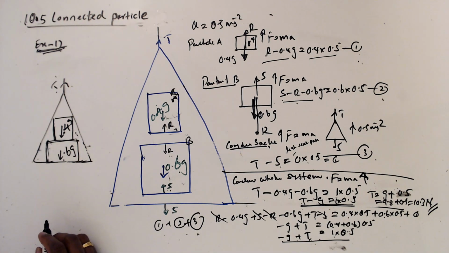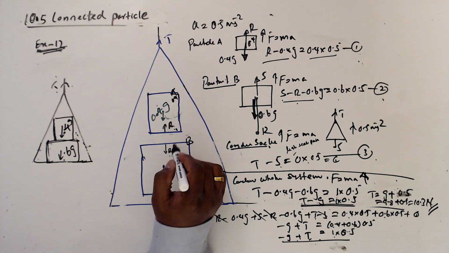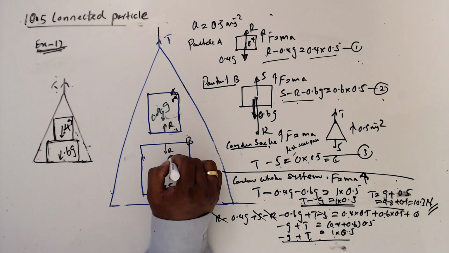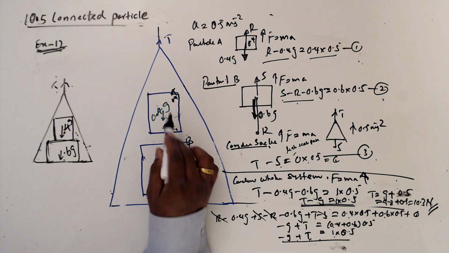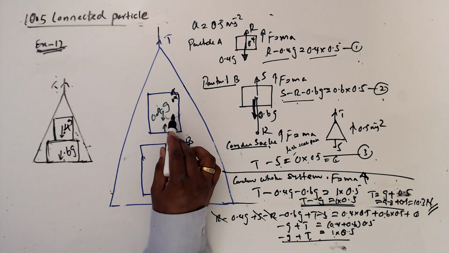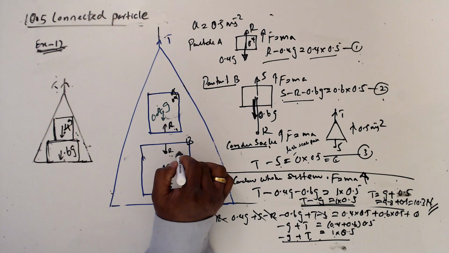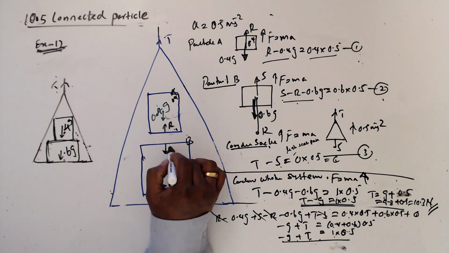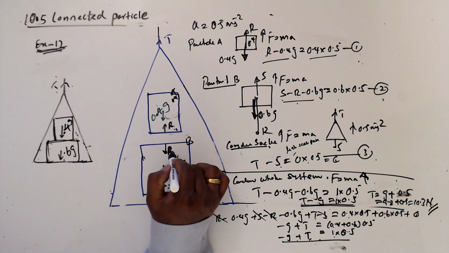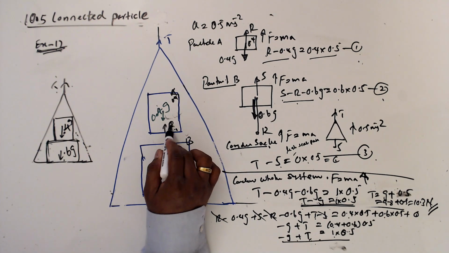So the second question is part B. Find the force exerted on mass B by mass A. So mass A gives a burden to B, the weight is R. We can find it from here.